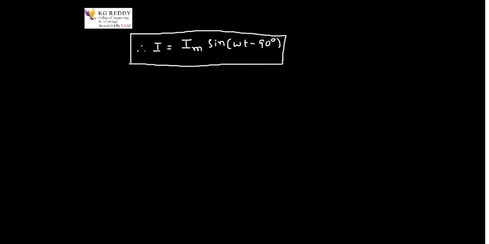Now if you observe this equation, we can say that V leads current I by 90 degrees, or I can also say that I lags V by 90 degrees.